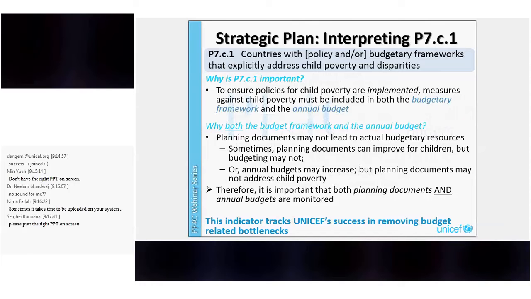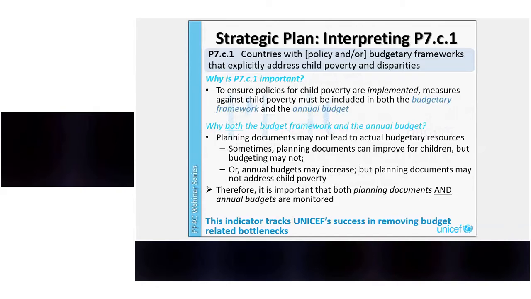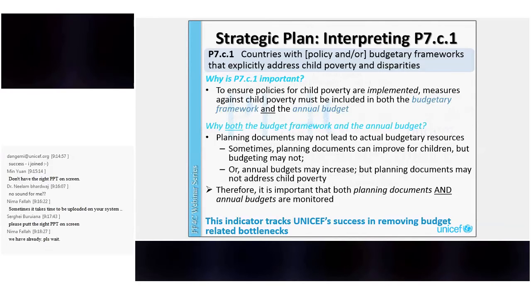Right. So planning documents, however, may not always actually lead to an actual improvement in the budget. You can have a beautiful planning document, an amazing PRSP which says how much the world will be improved, and you can have nothing in the annual budget. You could, in some very unusual cases, have annual budgets increasing, but a planning document that doesn't actually address child poverty.